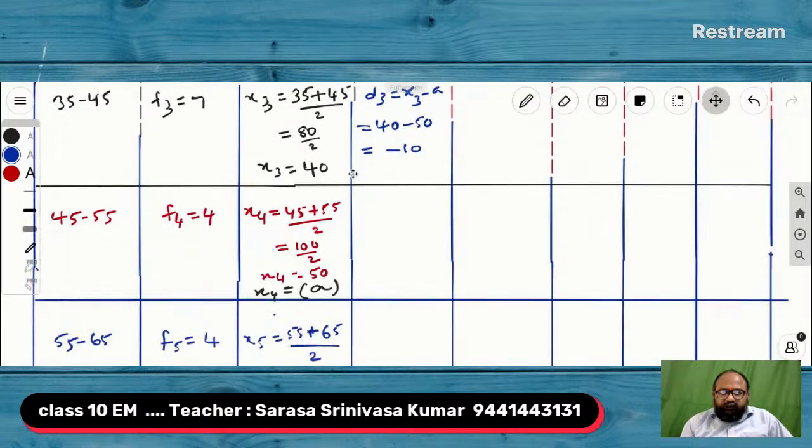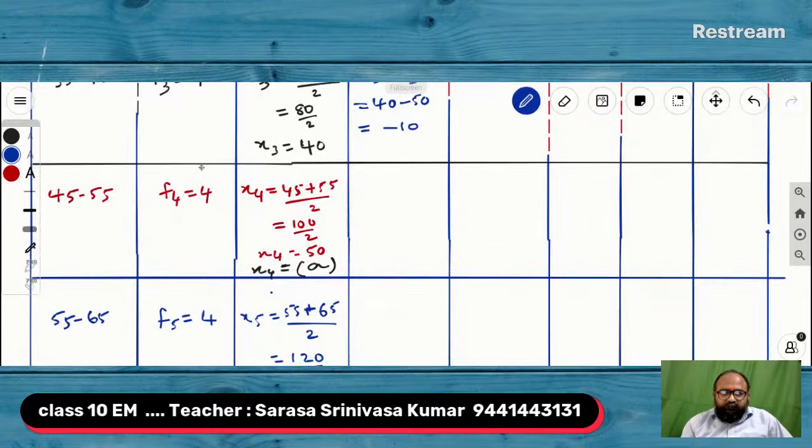Next we calculate d4. d4 equals x4 minus A. What is x4? 50. So this is equal to 50 minus 50, that equals 0.